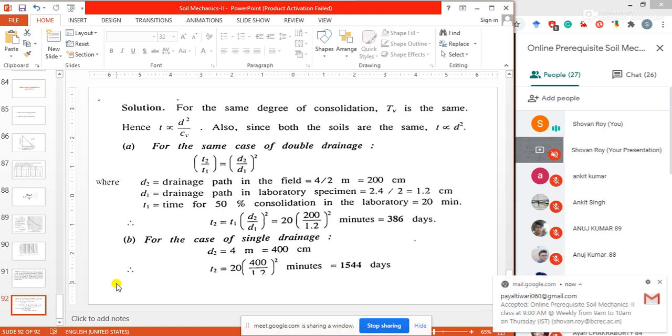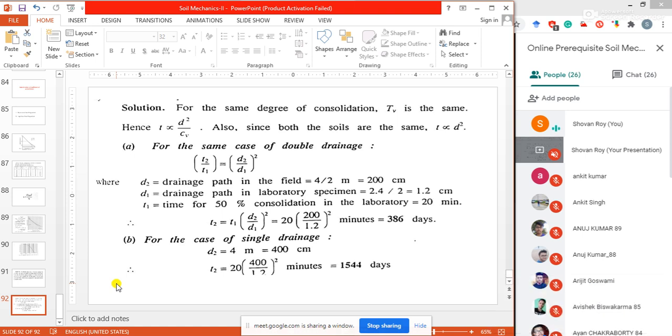So D2 is the drainage path in the field, 4 by 2, D1 is the drainage path in the laboratory specimen, 2.4 by 2. When your drainage is double, your thickness will be divided by 2.